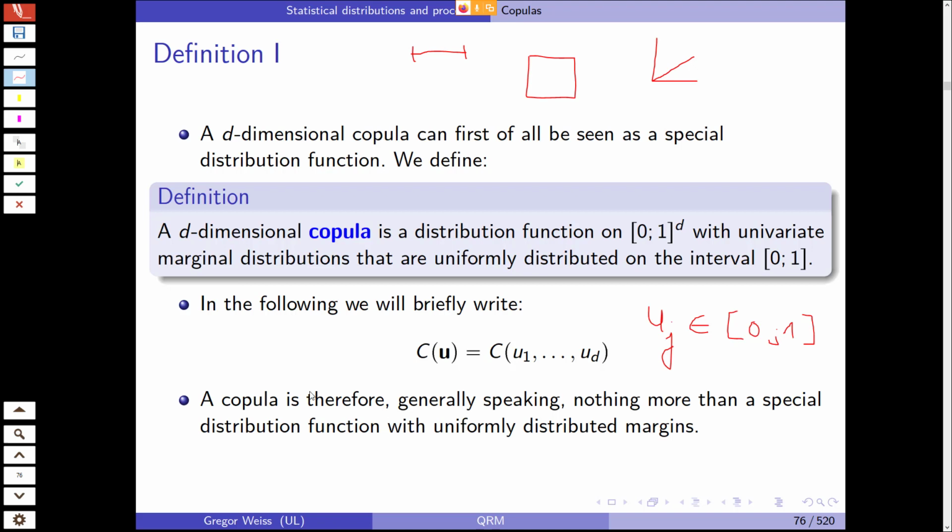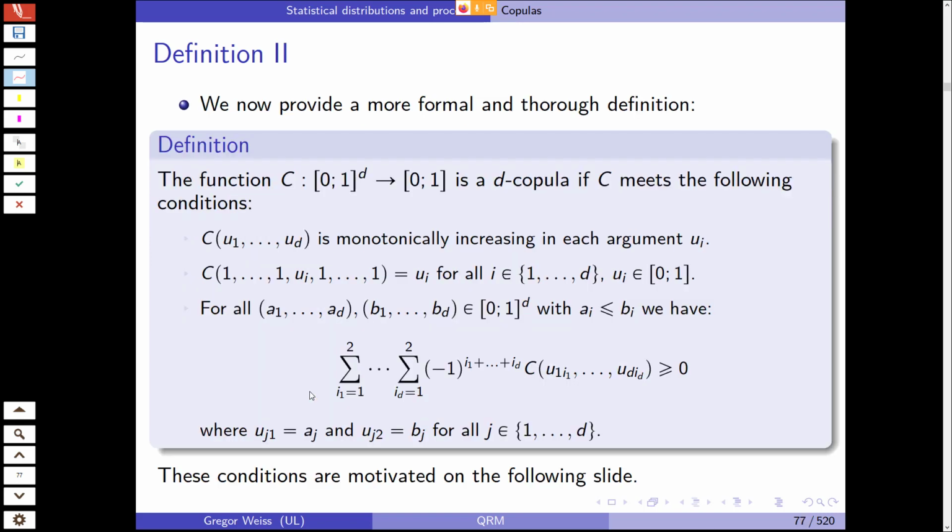However, it can also be interpreted as a function that takes d uniform random marginal probabilities and combines those marginal probabilities into one joint probability. That's what the copula does.